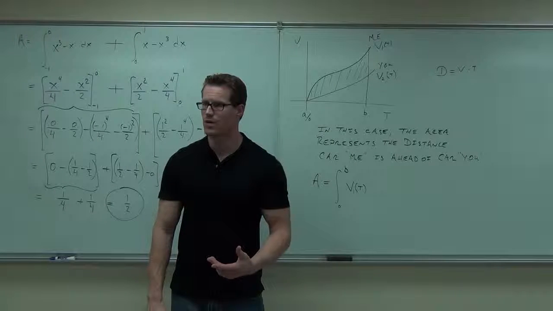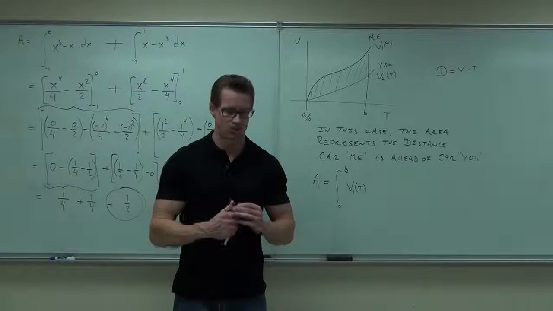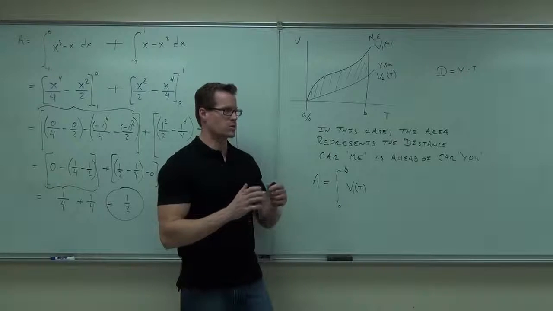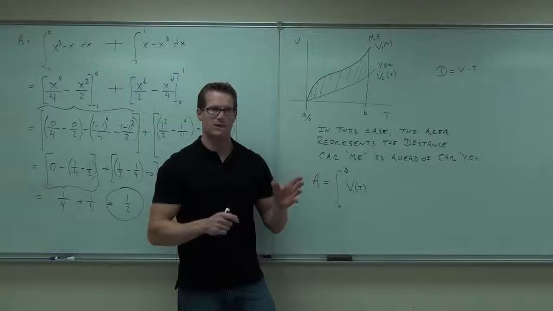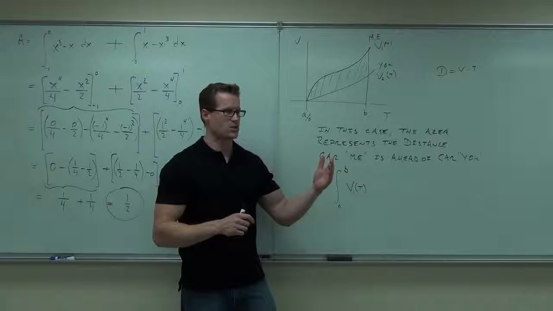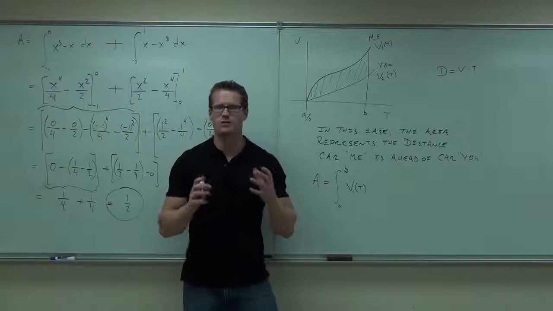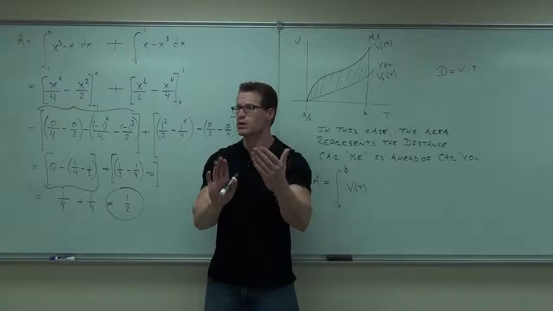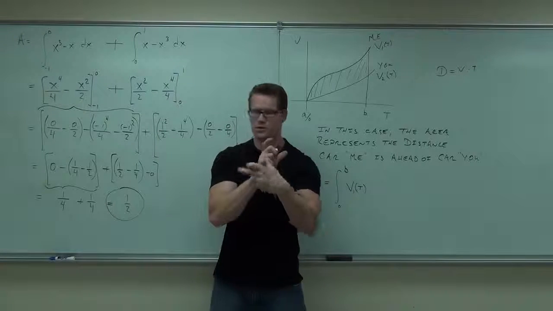Now, if you wanted to figure out the total distance at the end that I'm ahead of you, that would be net change. You'd have to just do one integral. If you want to find total distance as a cumulative effect of how much our cars were apart, whether I was in front or you were in front, that's where you'd have all those different integrals.